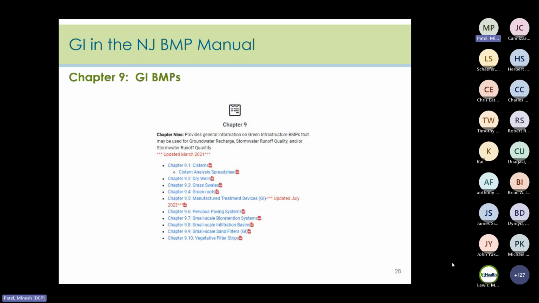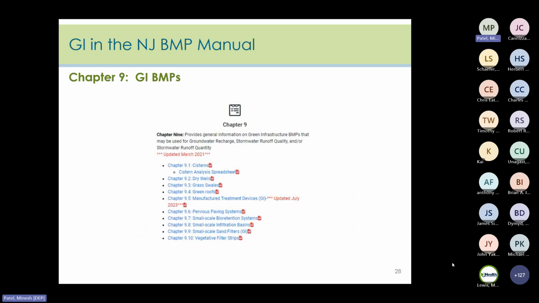Some of the BMPs cannot receive runoff from motor vehicle surfaces and therefore do not address water quality, and those are like cisterns and green roofs. Others don't offset the discharge of stormwater runoff from the 2, 10, and 100-year design storms, so they cannot meet the quantity control requirement. And something like that is like a dry well.